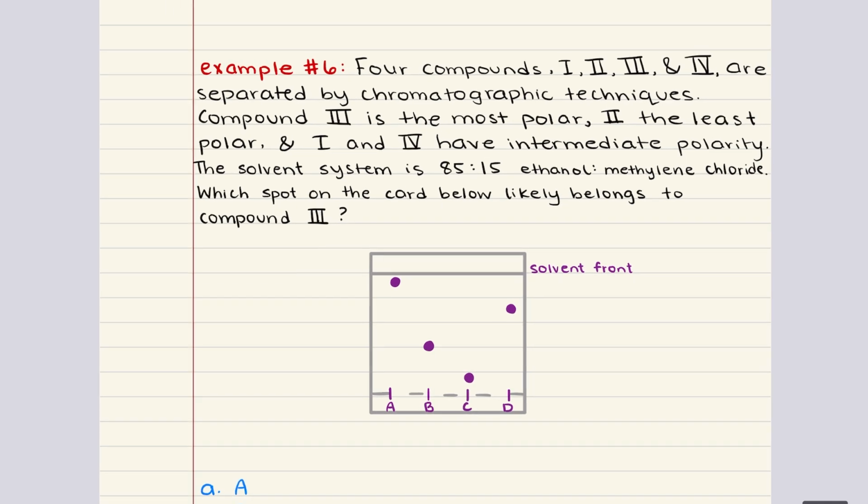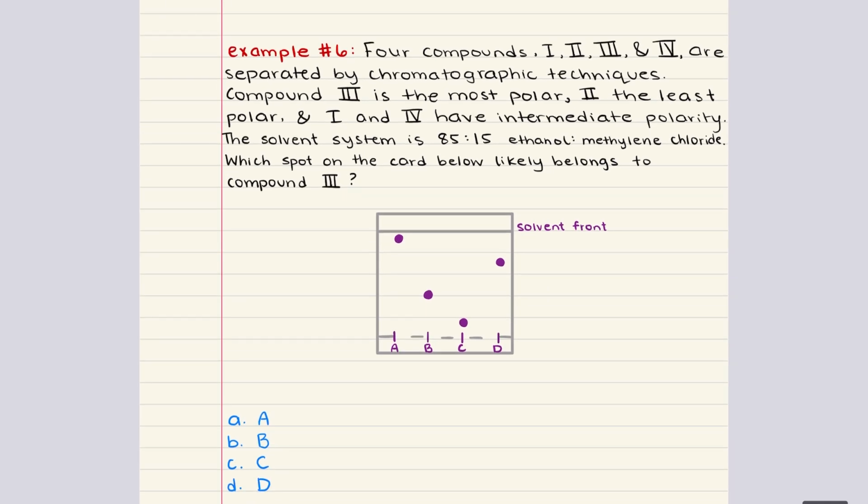Problem 6 says, 4 compounds, 1, 2, 3, and 4, are separated by chromatography techniques. Compound 3 is the most polar, 2 is the least polar, and 1 and 4 have intermediate polarity. The solvent system is 85 to 15 ethanol to methylene chloride.